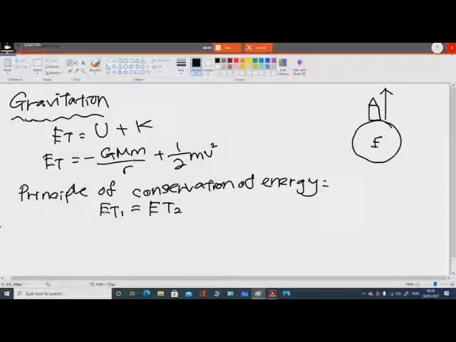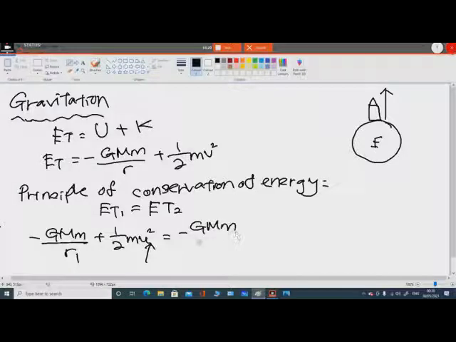So this is our negative GMm over R1 plus half mu squared, where u is the initial velocity. This is what we are focused on, which is the escape velocity. And after leaving, it is negative GMm over R2 plus half mv squared.